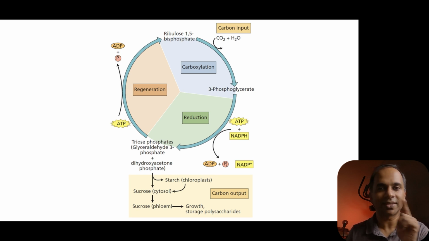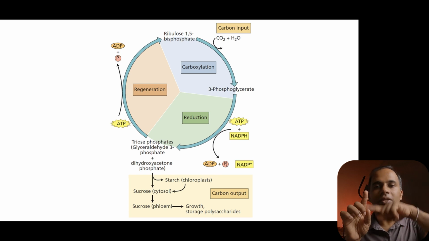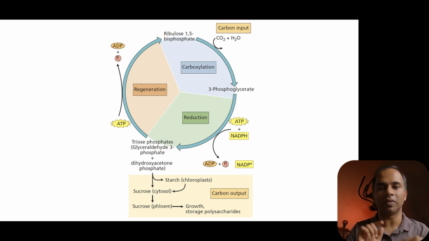Why do we have a cycle instead of a linear reaction? Because imagine, if you have a linear reaction, every component needs to be produced, right? There's no regeneration. So you have to make things from here to here to here. But if you have a cyclic reaction, it can continuously happen without many interruptions.